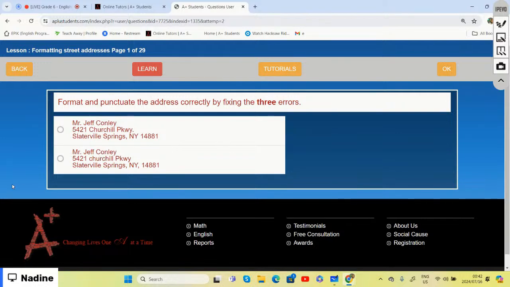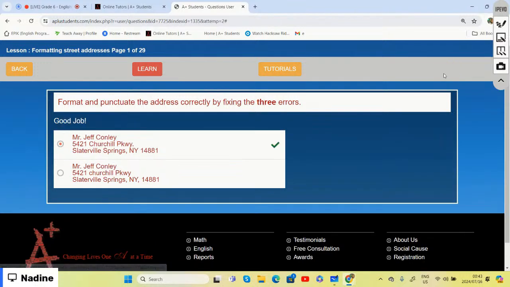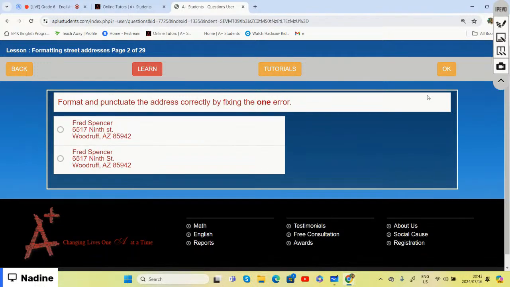I'm not sure if we need to choose the one with the errors or the one without the errors. All right, let's go with the first one. All right, and the first one is correct.